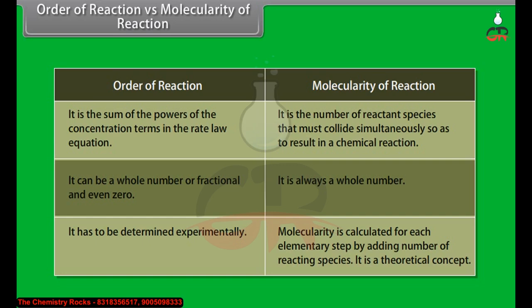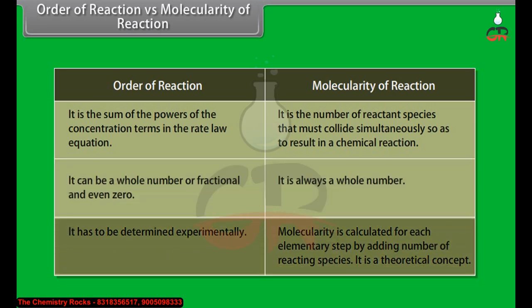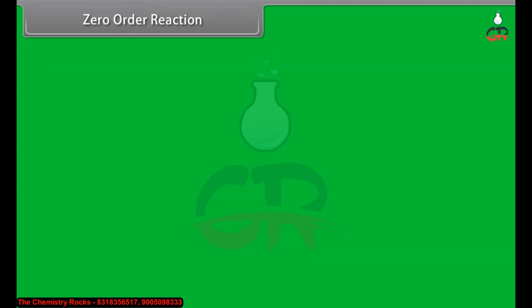Order of reaction can be a whole number or fractional and even zero, whereas molecularity of a reaction is always a whole number. Order of reaction has to be determined experimentally, whereas molecularity of a reaction is calculated for each elementary step by adding the number of reacting species. It is a theoretical concept.